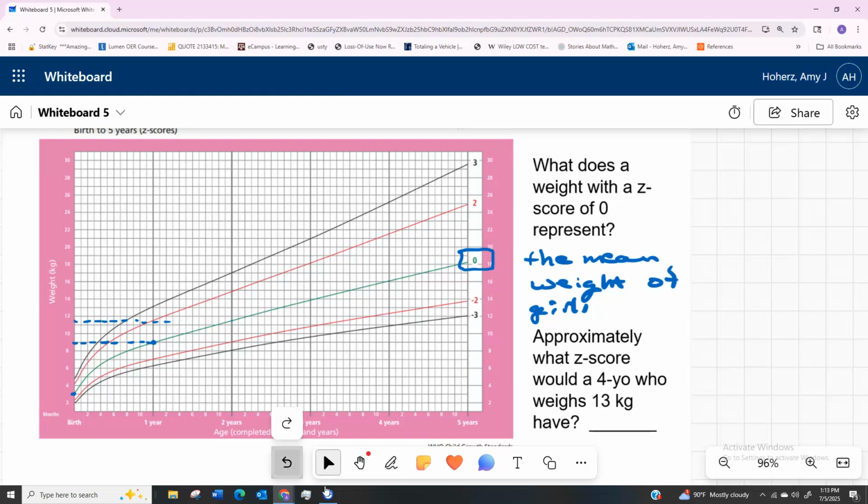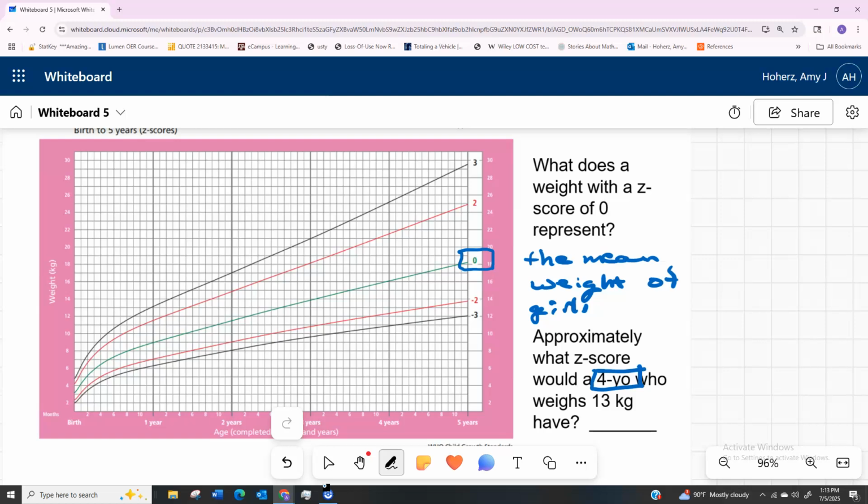So the one that we're going to look at, though, we're not going to look at the average. We're going to look at the z-score for a child that's not at average. So let's say you have a 4-year-old who weighs 13 kilograms.